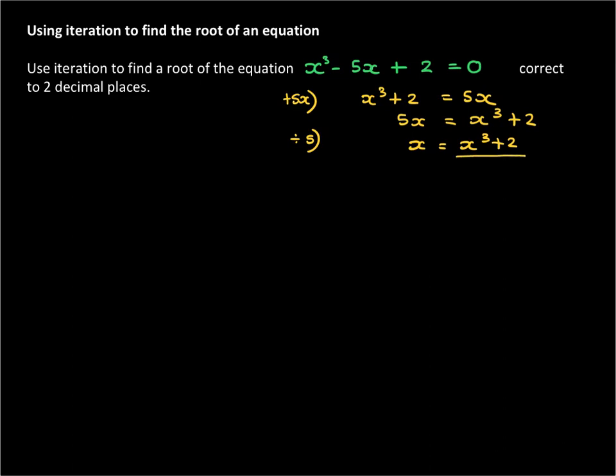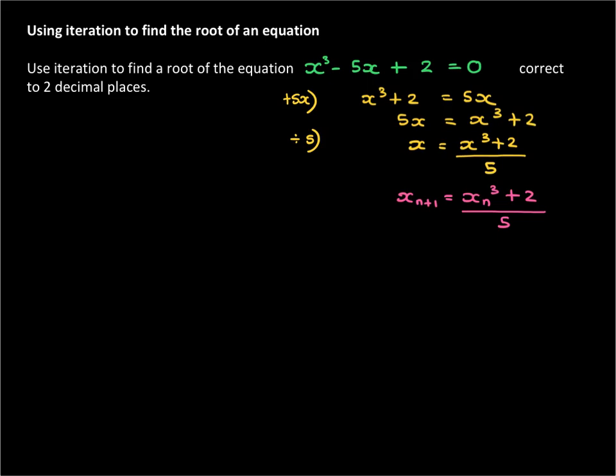So look at my rearrangement. I've rearranged to the form x equals, but x has to be on both sides as well, because we're going to convert this to our iteration formula. So we have x(n+1) equals (xn cubed plus 2) all divided by 5. So here's our iteration formula.